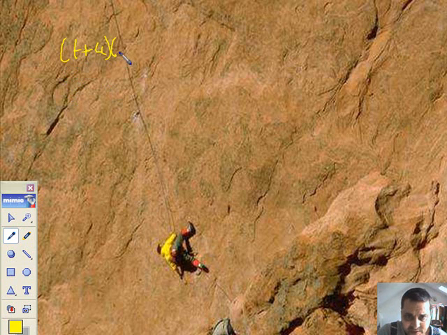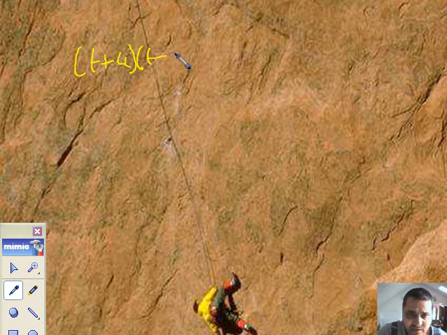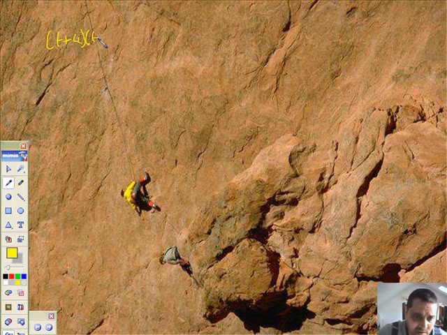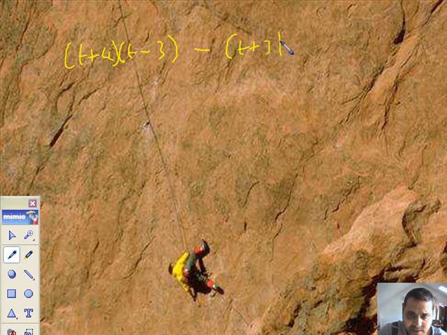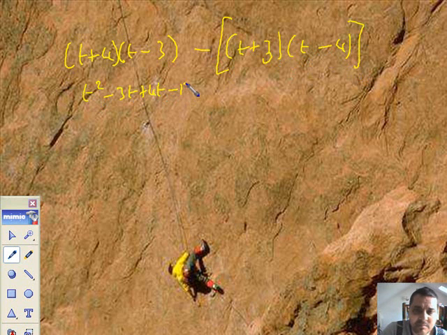T plus 4, I'm going to speed up, and if I make a mistake, you know, tell me in class. Yes, first mistake, I can't do minus properly. T minus 3, and then I'm going to subtract t plus 3 multiplied by t minus 4. Remember, dangerous, put a big bracket around that one because you're minusing all this. Right, first bit, t squared minus 3t plus 4t minus 12.